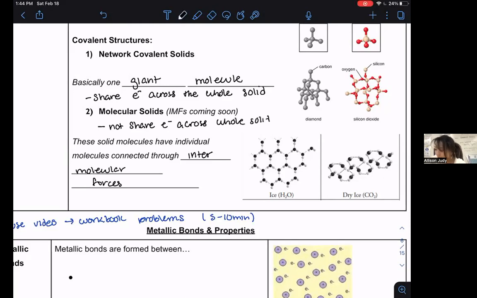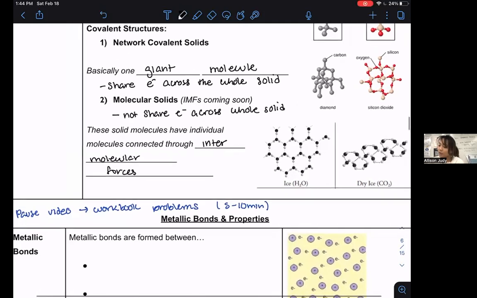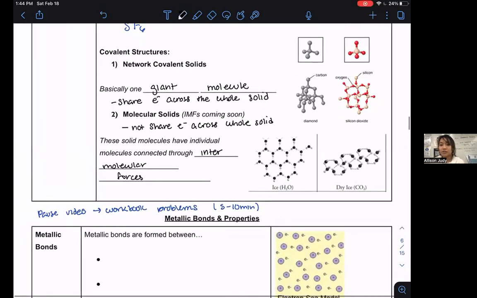So this is a slightly different way. You can think of network covalent solids like the Monsters Inc. blob, where everything just merges into one giant thing. Whereas molecular solids are like something holding hands with something else. You can still separate the individual parts, but they hold hands together and group up to make something similar.